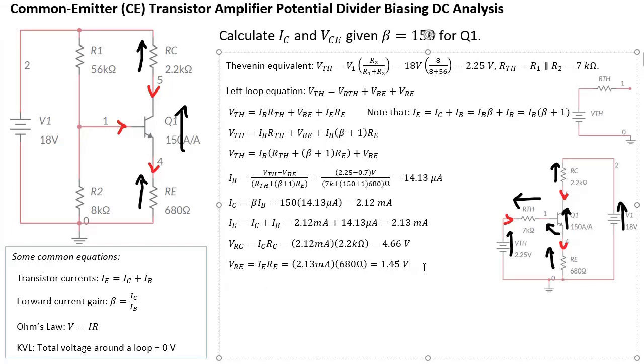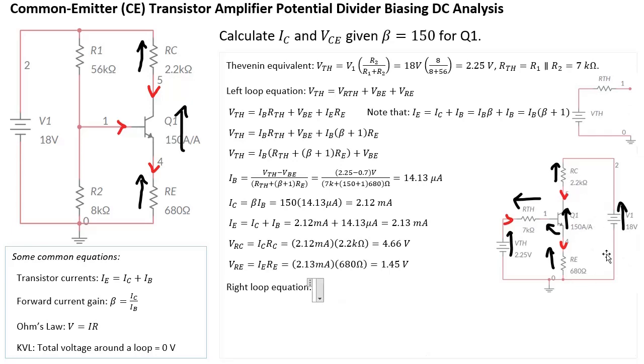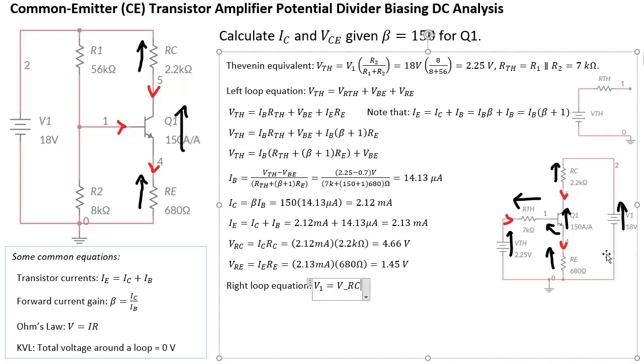Now that we have everything, I'll write down the loop equation. V1 is equal to VRC plus VCE plus VRE. So we can straight away work out the value of VCE.